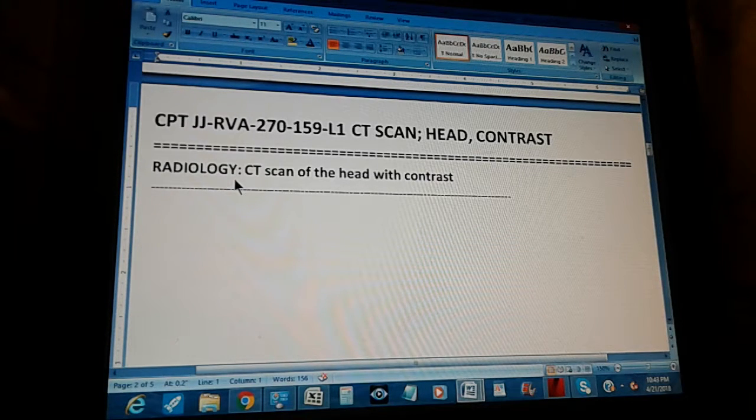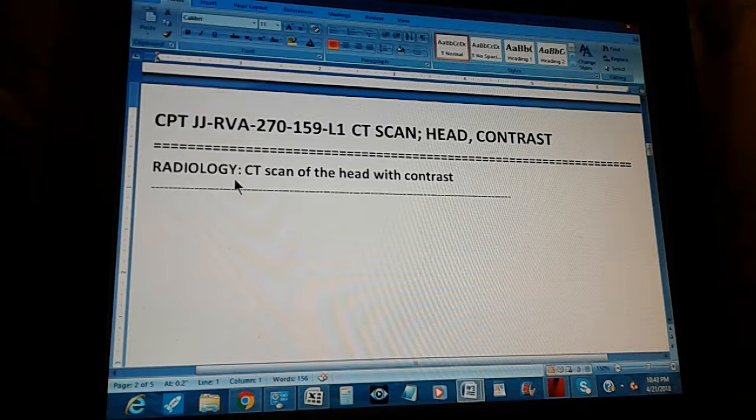And CT, just in case you don't know yet, but you should, is computer tomography. Yes, it's computerized tomography, or computer tomography. Well, it's the same thing.